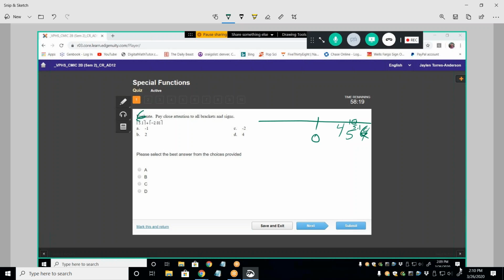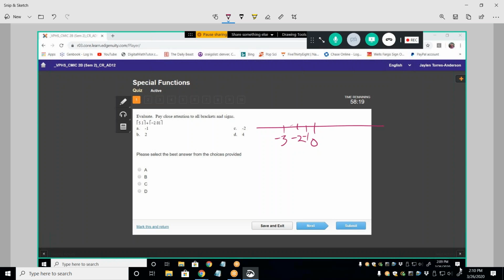Okay, now let's put negative 2 on there. Negative 2.01. What's the first integer I come across when I go to the right? Nope, negative 2. Hold on, yes, negative reverses everything. So let's just draw the number line, because this is so important that you just have to be able to handle a number line. Okay. So there's negative 2, correct? There's negative 1. There's negative 3.